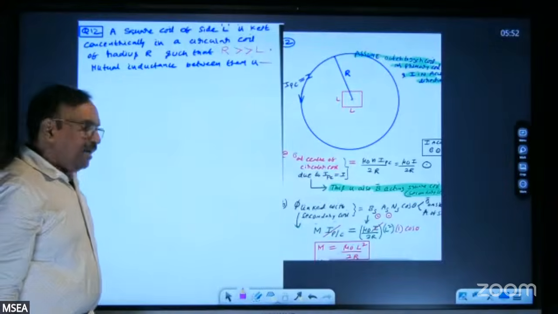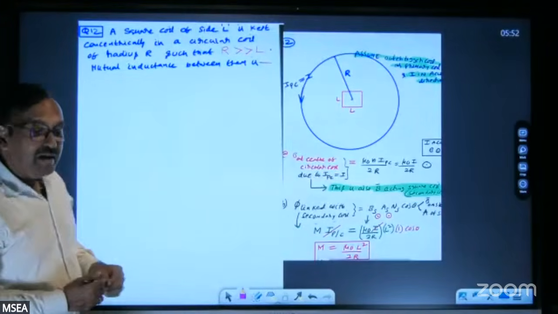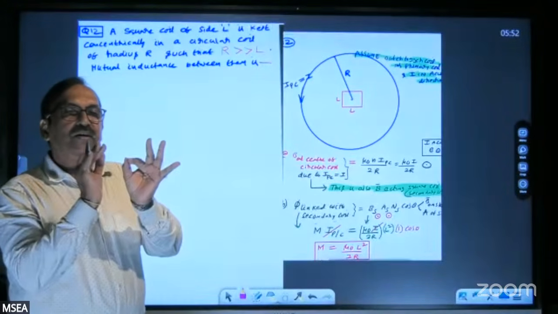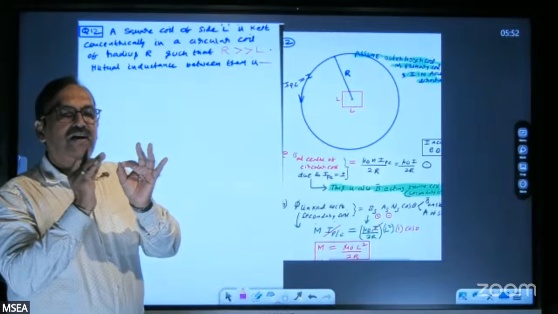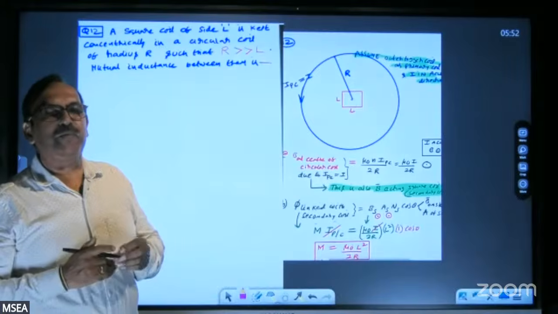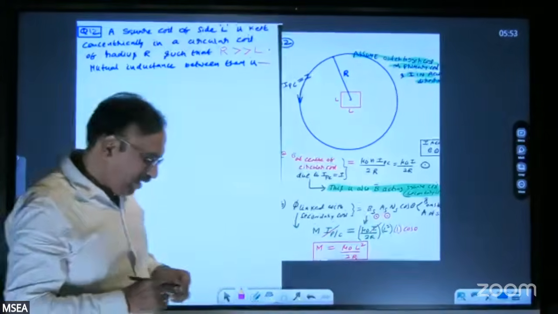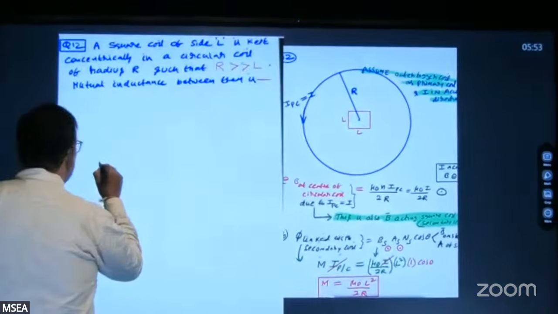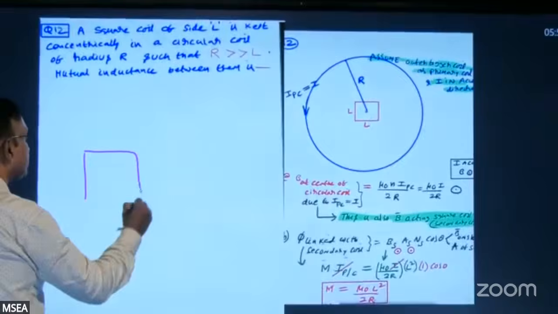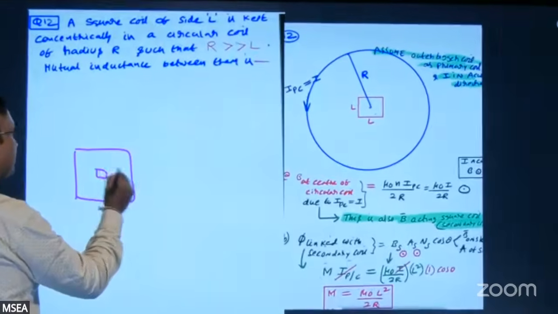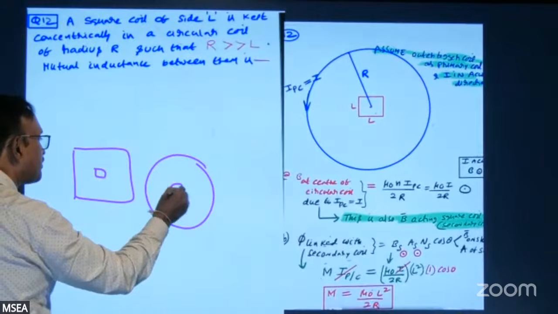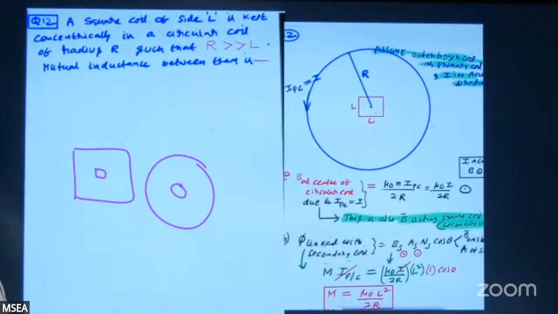In this particular topic, calculating the mutual inductance between two coils is always an important model. How to calculate mutual inductance? They may ask you, within a square, another small square exists; within a circular coil, another small circular coil exists, and so on.